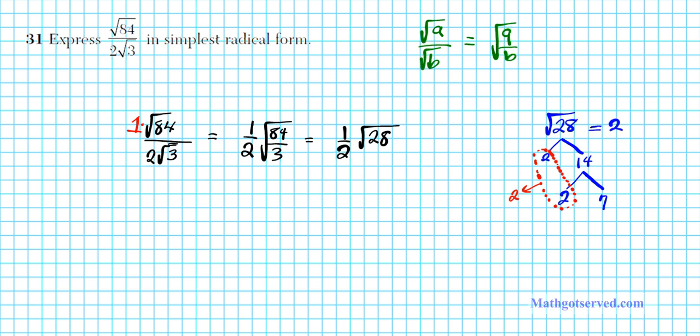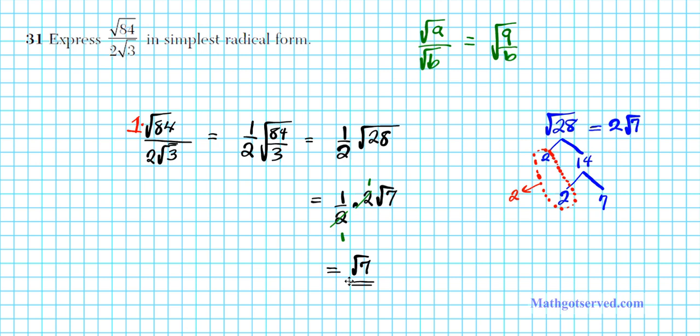That's a simplified form of root 28. So this expression now becomes 1 over 2 times, instead of root 28, 2 root 7. Now these two 2's divide out. 2 goes into itself once. And your final answer is the square root of 7.